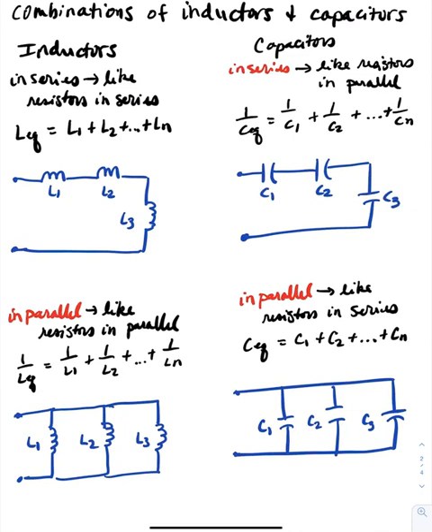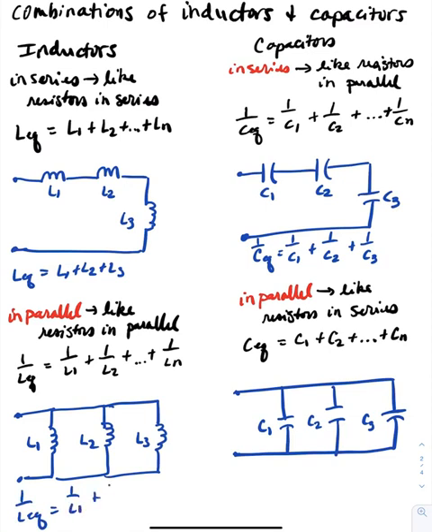So in this example, L equivalent would be equal to L1 plus L2 plus L3. 1 over C equivalent would be 1 over C1 plus 1 over C2 plus 1 over C3. And here, 1 over L equivalent equals 1 over L1 plus 1 over L2 plus 1 over L3. And C equivalent is equal to C1 plus C2 plus C3.